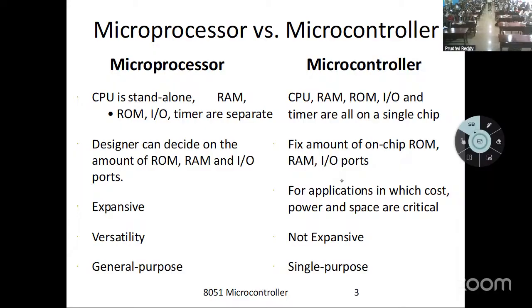What is the meaning of standalone? Only the processing unit. 8086 is only a processing unit. It doesn't have any read-only memory or random access memory or input-output devices and timers. That's only a processing element.